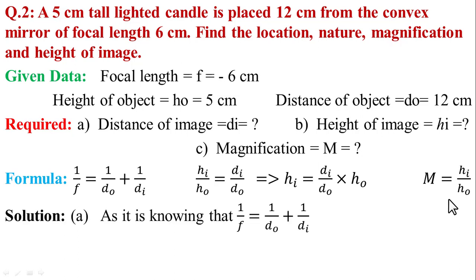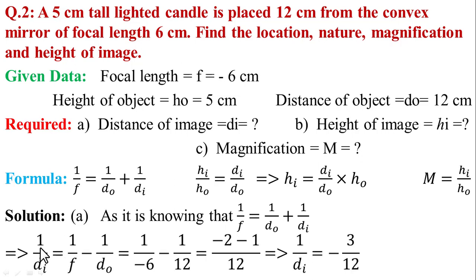Now finding the solution of the first part, di. As we know that 1 over f is equal to 1 over d naught plus 1 over di. Rearranging the formula, 1 over di is equal to 1 over f minus 1 over d naught. Putting the values, 1 upon minus 6 minus 1 upon 12.